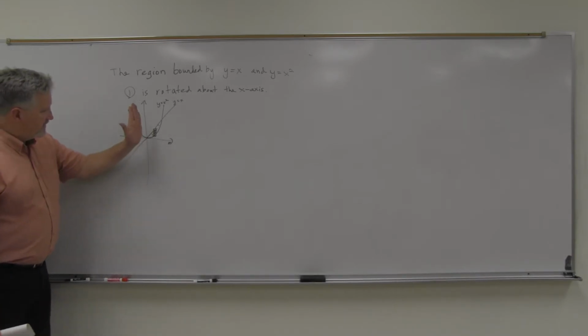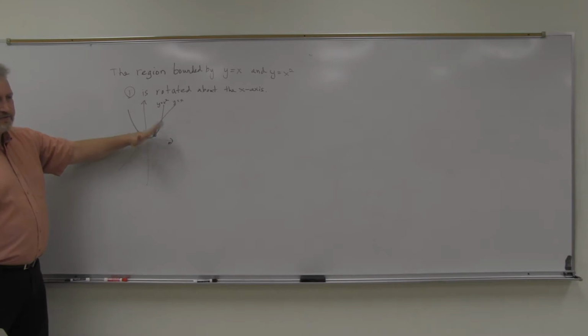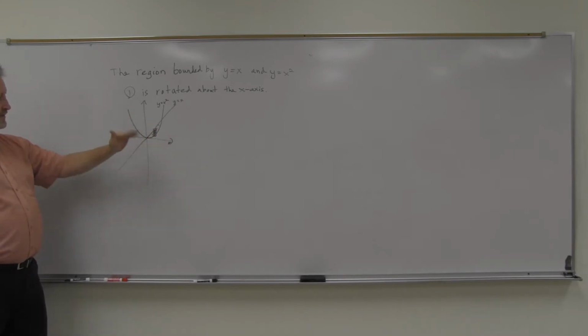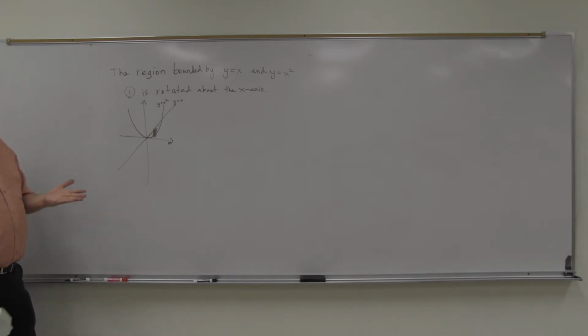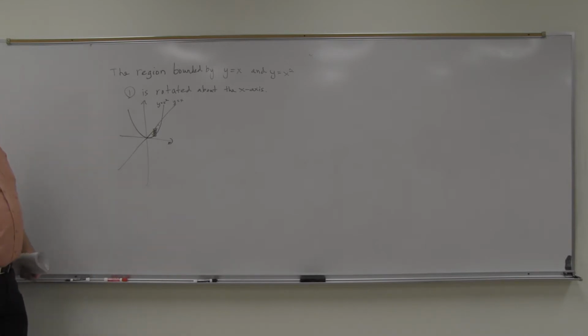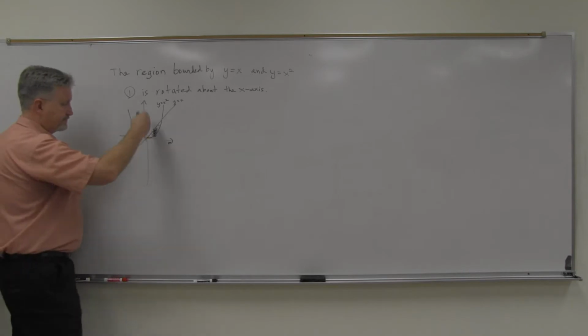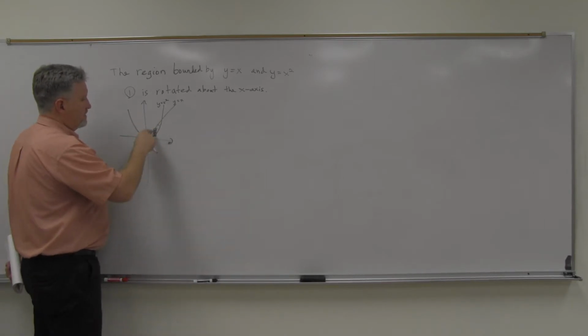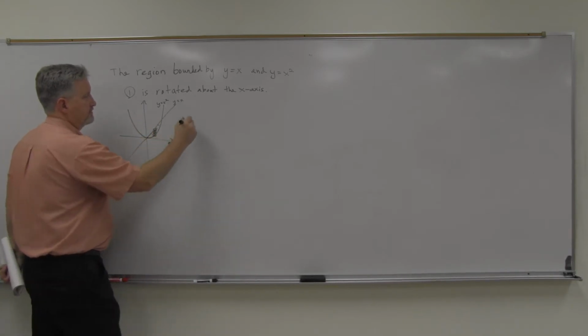Well, again, if you look at the rectangle compared to the axis of rotation, those are perpendicular. And if the rectangle and axis of rotation are perpendicular, it's the disk method, but in this case we call it the washer method because it's going between two curves.